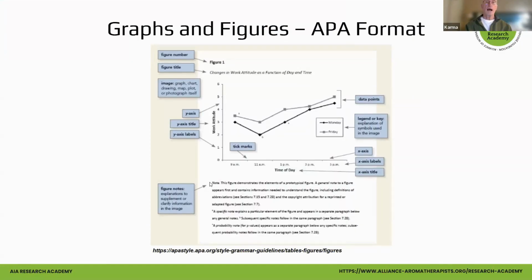If you have a graph like this, both the y-axis and the x-axis are labeled and segmented into units that we can appreciate. And then they have a note at the bottom.